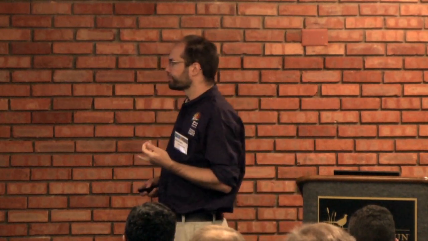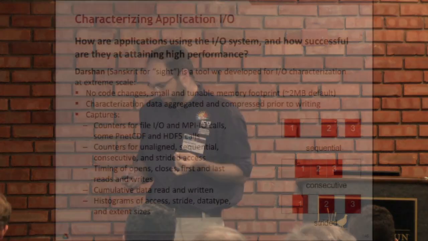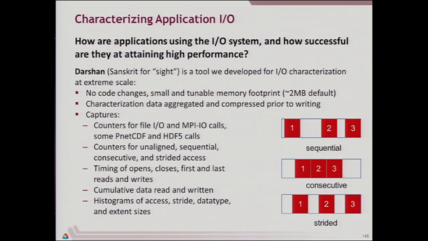So what does it collect? Well, it collects information about how many operations are happening, right? Counters are lightweight because they're just a number you increment, not a trace of what happened when. And we can do that for POSIX, MPI-IO, Parallel netCDF, HDF5. We can take a look at how much I/O, what kind of I/O is happening that's aligned and unaligned. As we remember from our earlier locking file system discussion, aligned I/O can make a big difference in writes.